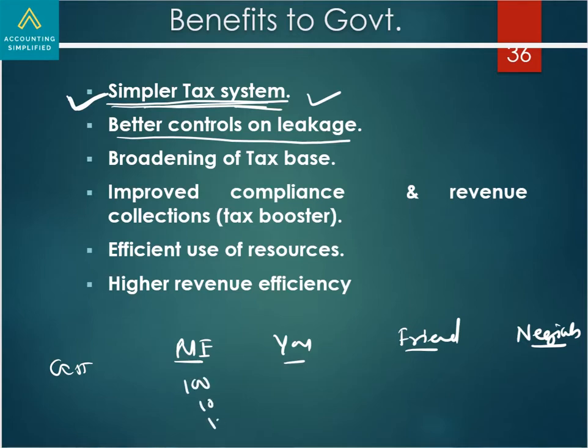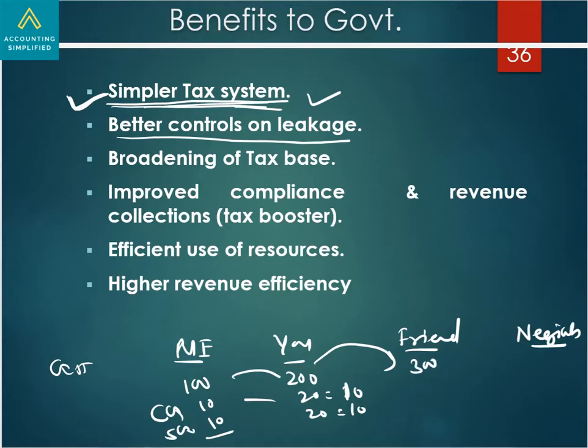I have charged 10 rupees, and it is given to you. You have sold to your friend for 200 plus 20. So 20 minus 10 was input tax credit. So 10 rupees you have to pay, 10 rupees CGST and SGST, right? And your friend has provided a tax invoice of 300. So on that 30, and out of that 20 is being provided, so he will pay 10 rupees CGST SGST.